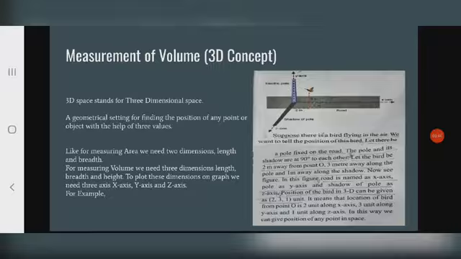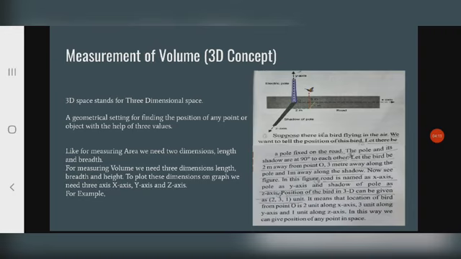How we can write a point in a 3D space. So what a 3D space is and how we can define or write a point in a 3D space. So to calculate the volume of an object, we need three values like length, breadth and height.